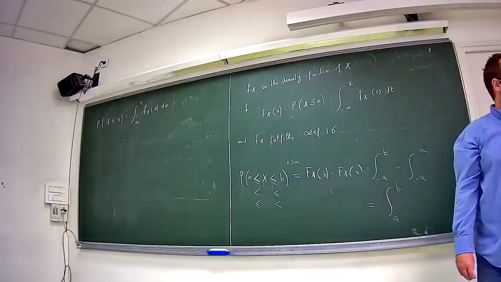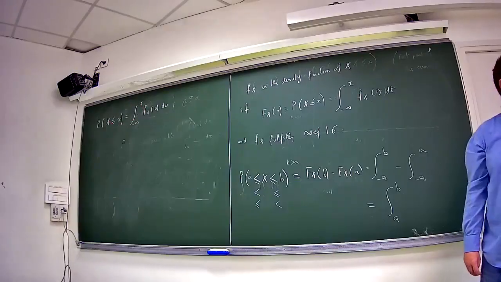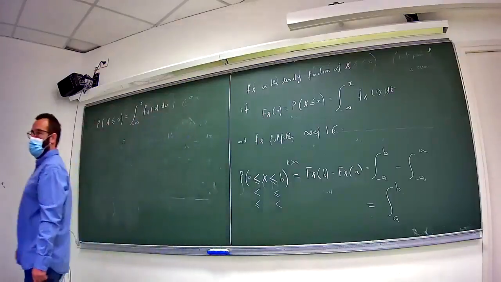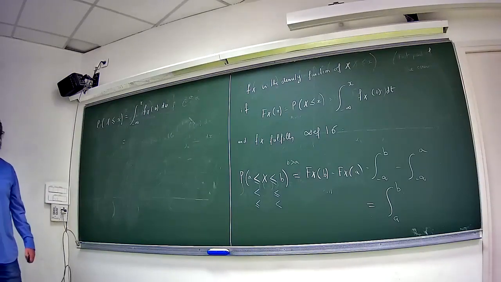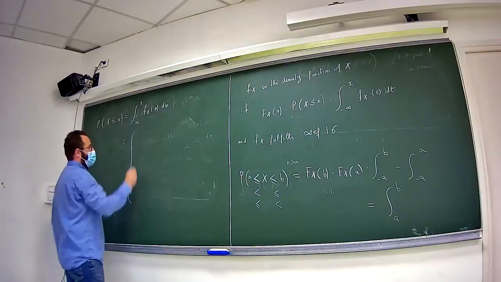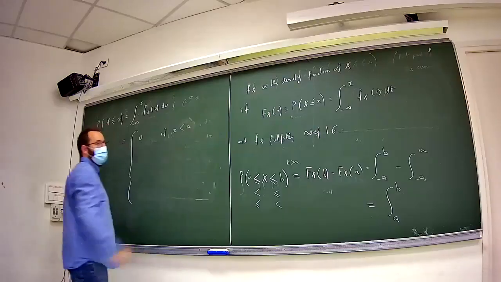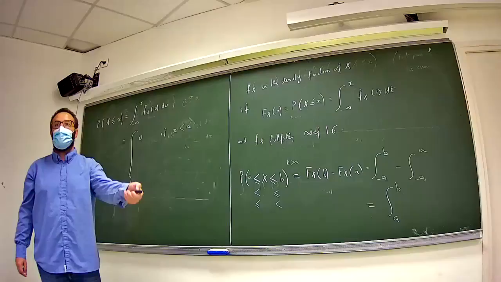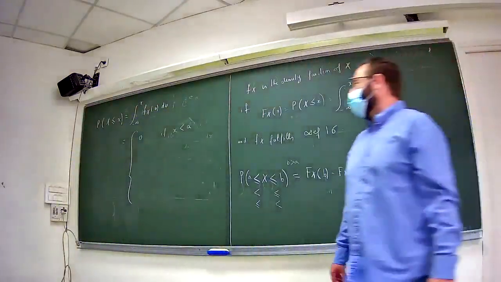First, I can remark that if I compute this integral between minus infinity and x, what happens if x is strictly less than A? 0, because what I have inside is always 0. Okay, so I have several situations. It's 0 if x is strictly less than A, because this mapping is 0 when I am strictly less than A. What happens if I am strictly greater than B?